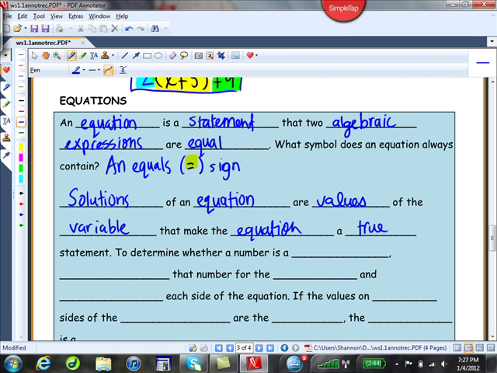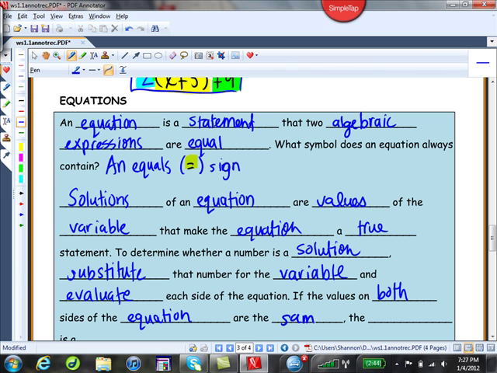To determine whether a number is a solution, substitute that number for the variable and evaluate each side of the equation. If the values on both sides of the equation are the same, the number is a solution.